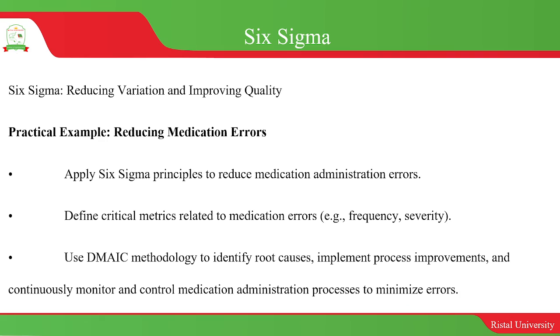We are certain of having fewer errors in our system. It measures the variation from the mean, the level of the standard deviation from the mean, and it uses six standard deviations. That's why it's using six.